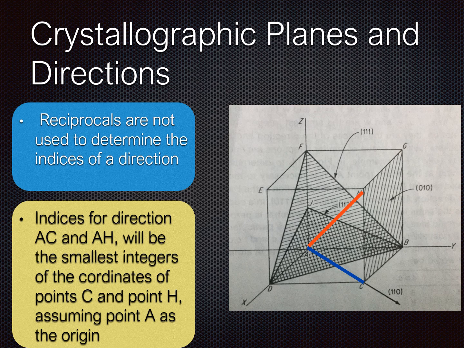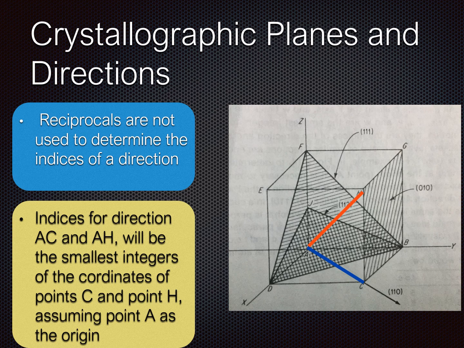If u, v, and w are the smallest integers to accomplish the desired motion, they are the indices of the direction and denoted in square brackets.